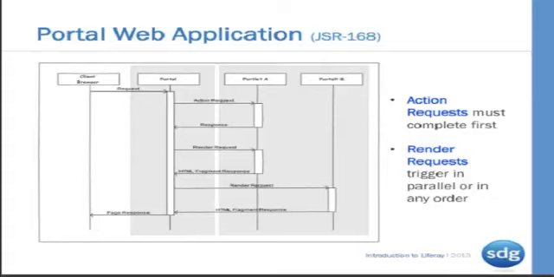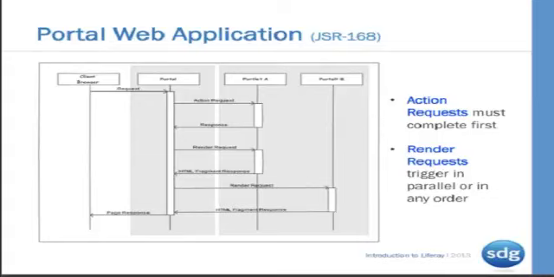So that's one way. Second way, in portlet 2.0, they decided to expand on the specification. Between the action request and the render request, they have these events that can be passed around.